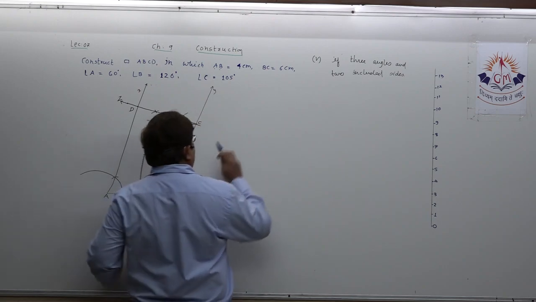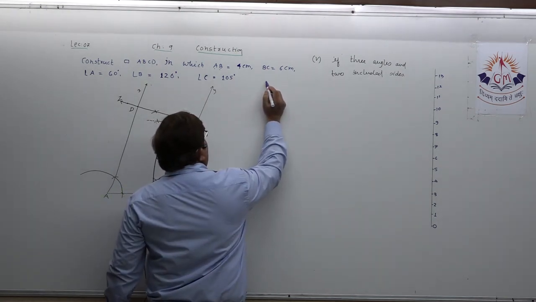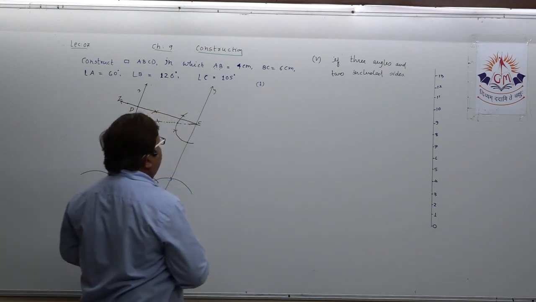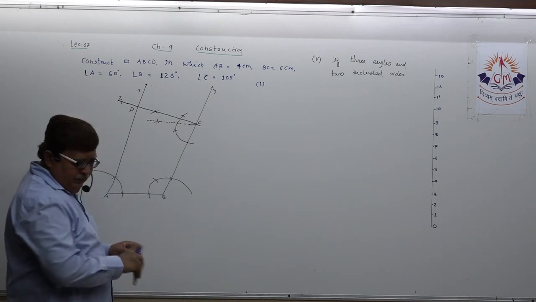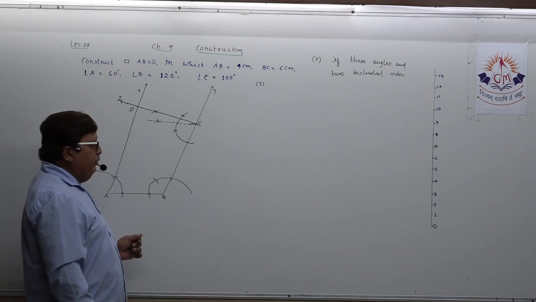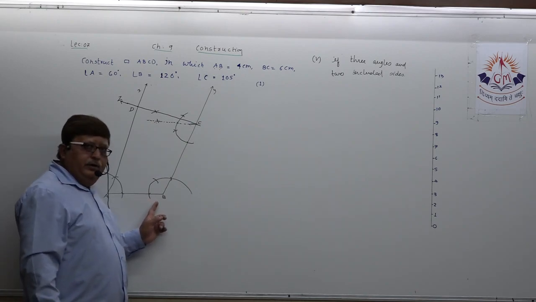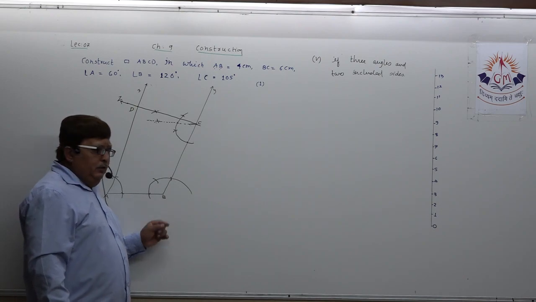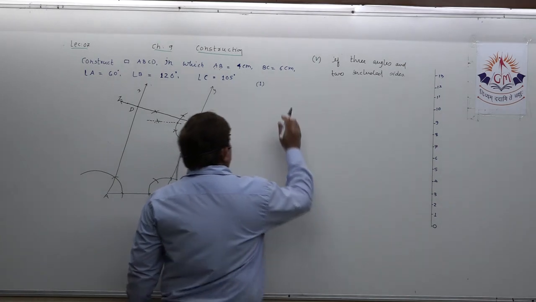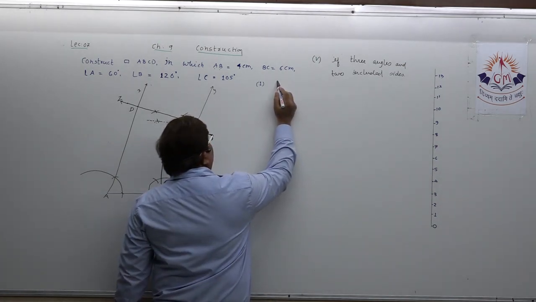Steps of construction, okay? The first step, what we have done, dear student, can you remember? First step, we have constructed AB of 4 centimeter. So your first step will be like this.